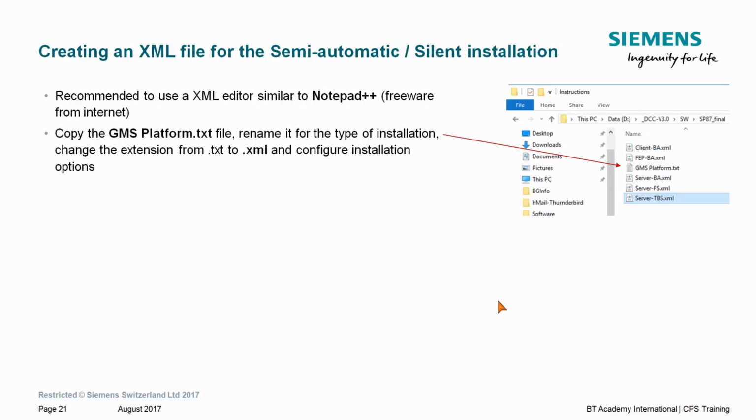Then, delivered with the headquarter package, there is a GMS platform text file. Copy this text file, rename it for the purpose of installation, so server building automation, server file security, or TBS, or FEP, or client, and change the extension from text to XML, and then configure the installation options.